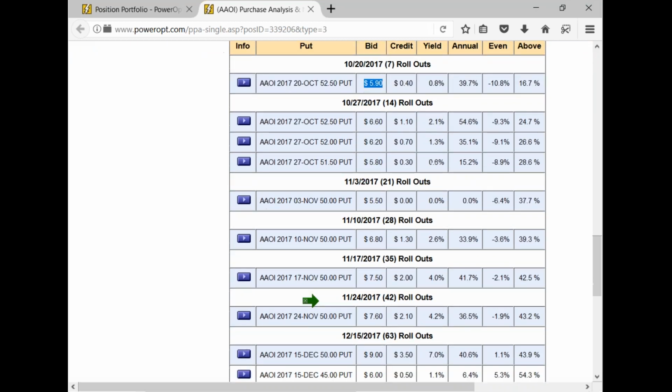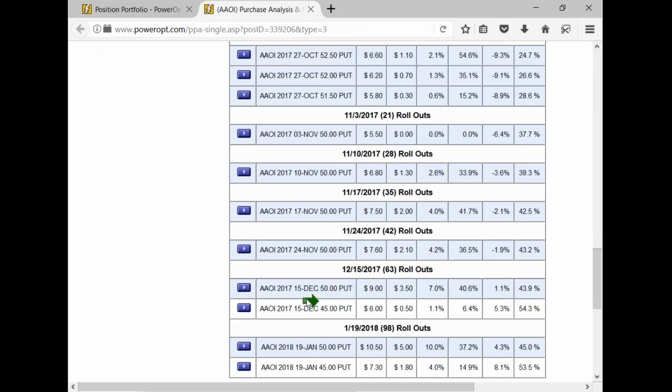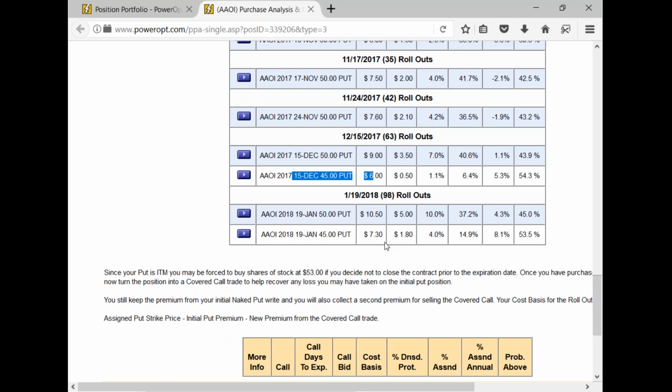There are other opportunities further down, particularly with the stock at 47. I could buy to close the put at 640. I'm sorry, yeah, we took in 90, we're buying it back at 640, we sell this at 60 cents, so we have a new positive premium of 50 cents or a 1.1% profit now instead of a 10% loss.